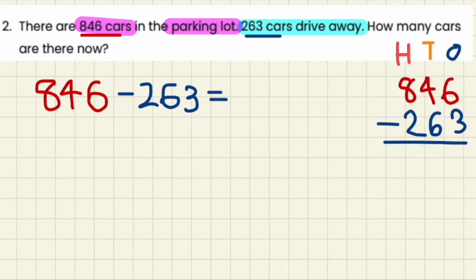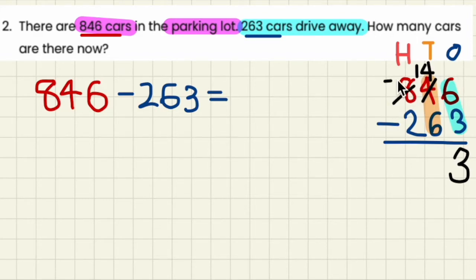Our first step is to subtract the ones place. 6 minus 3 is 3. So now we can move on to the tens place. 4 minus 6. Now 4 is less than 6, which means we have to borrow a 1 from the hundreds place to the tens place in order to make it bigger than 6, and then we can subtract it.